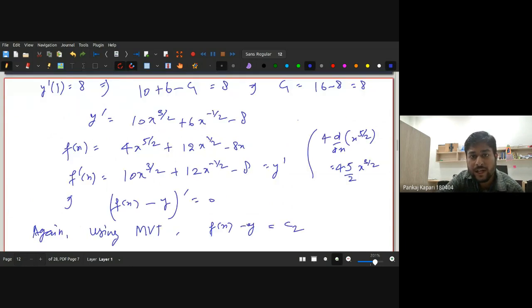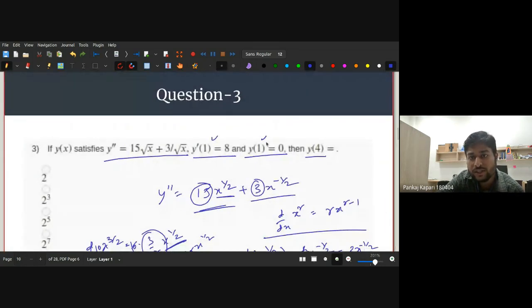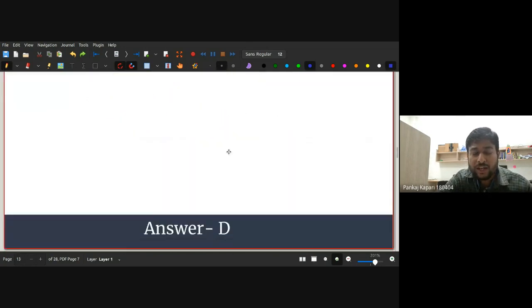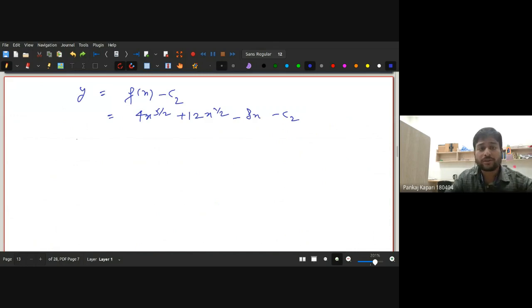Now it is given that the value of the function at 1 is 0. Now we will use this condition, and we have to find the value of the function at x equal to 4. So y(1) equal to 0 will imply that minus c2 is 0. This constant just becomes 0. So the function is this.